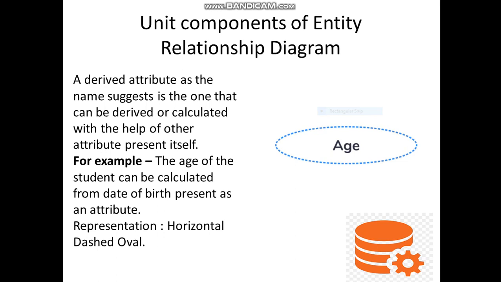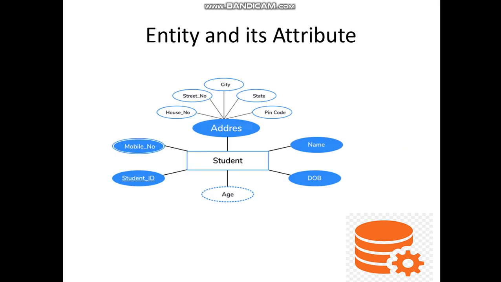Next is derived attribute. As the name suggests, it is the one that can be derived or calculated with the help of other attributes present. For example, the age of student can be calculated from date of birth present as an attribute, correct? So that means the derived attributes are those which are derived from some other attribute. See the example. See here, student is an entity. What is age? It is dotted, so that means it is a derived attribute which we are going to derive from date of birth. Student ID, which is this?